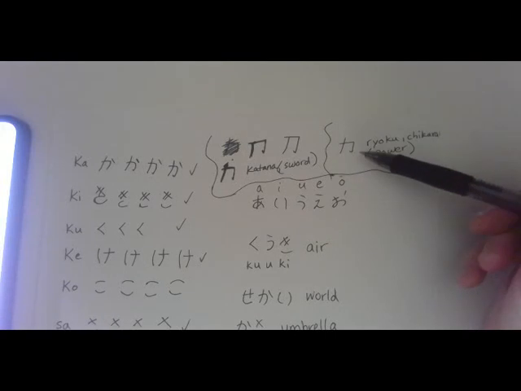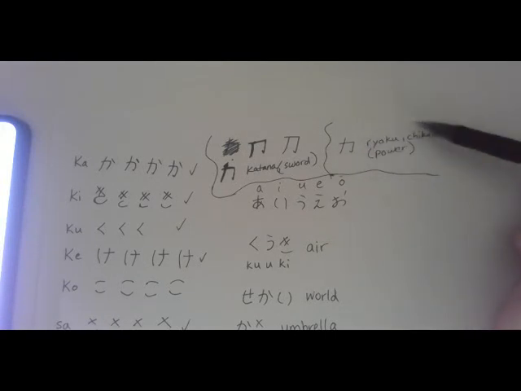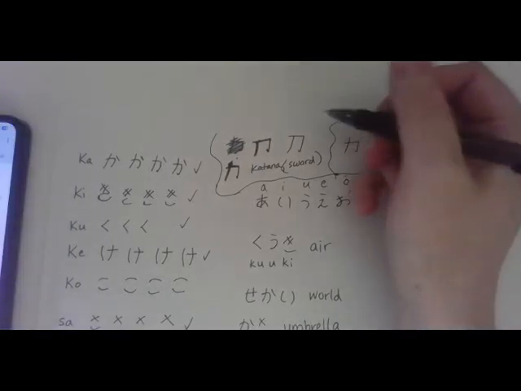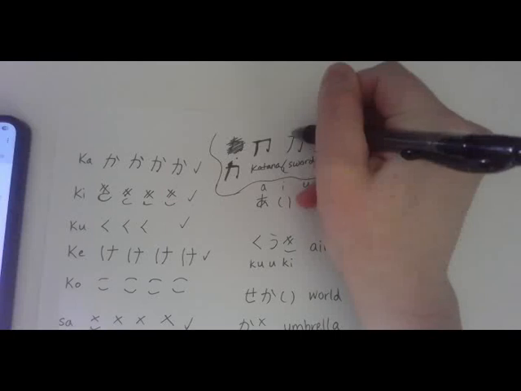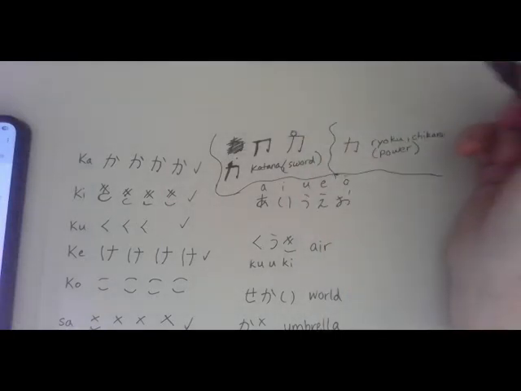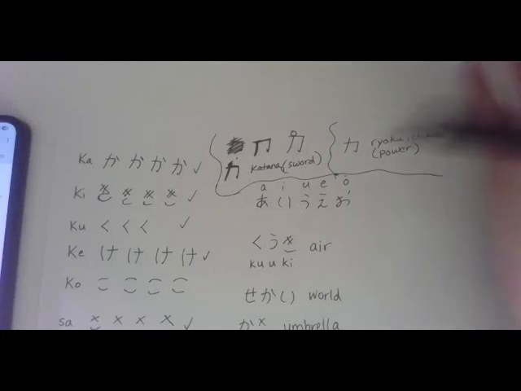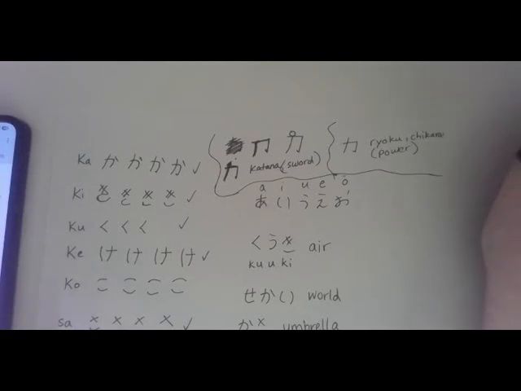That one is roku or chikara, which means power. But with katana, right here where I circled it, there's no line above it. So that's the difference, and I screwed it up when I was writing it. So I had to remake this video.